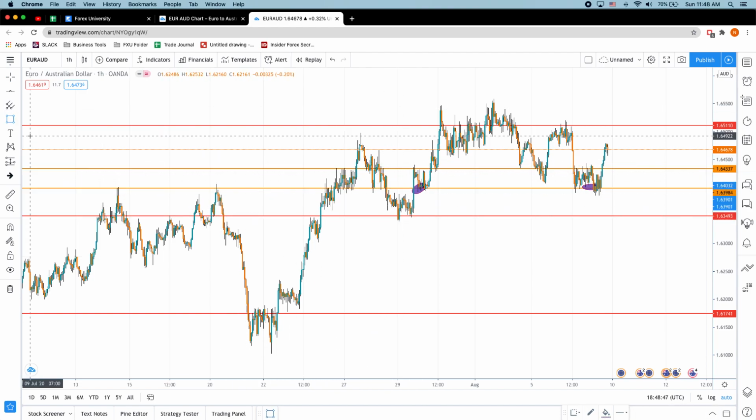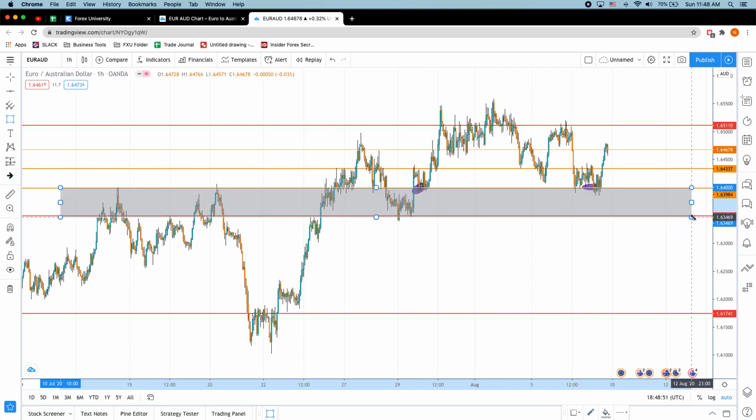So if I do kind of a rectangle and shade this area, right, you're gonna notice that price has a hard time getting above this and a hard time breaking below this. So this is essentially a break and retest right here. This whole area where my mouse is, that's a break and retest.